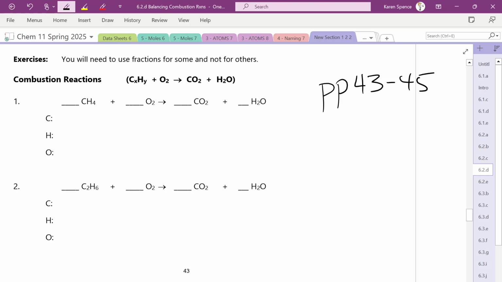So what you're going to do is start with just the right. And now, we go carbon first, then hydrogen, then oxygen. Carbon here.